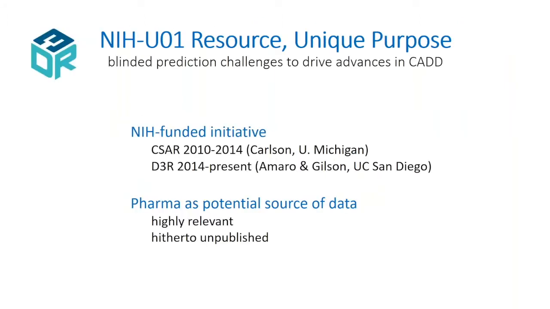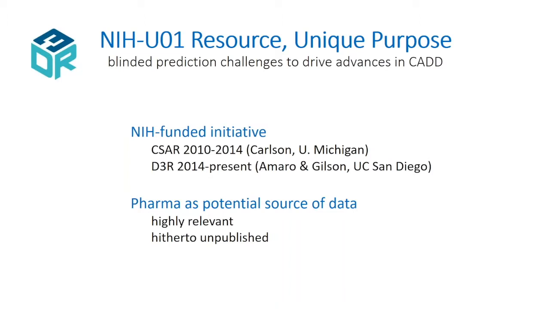After much discussion, development of the RFA, and concept clearance at the NIH, they created a special effort, this NIH U01, a cooperative agreement with a unique purpose: to broker the exchange of high quality data sets from pharma and academic sources, but to do this in a blinded way, and to make sure that the sets were high quality and consistent, and really up to the standard that would be informative for methods development.